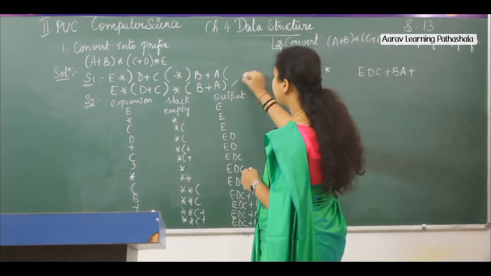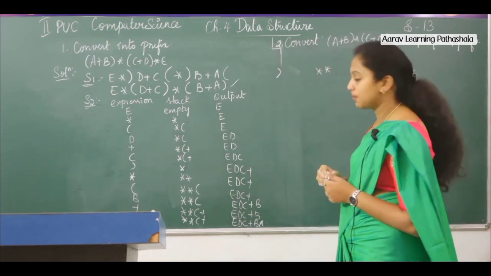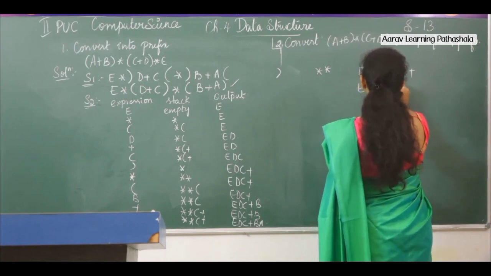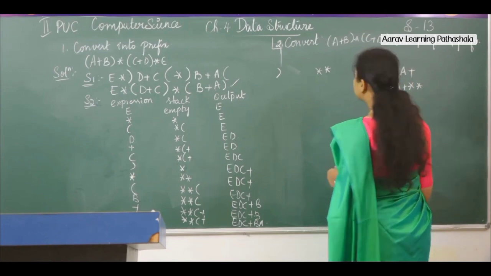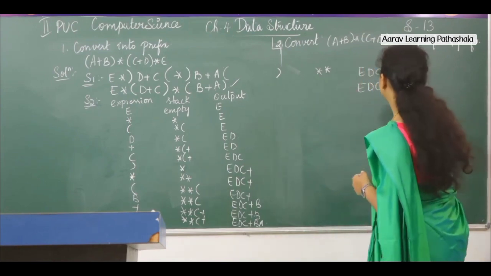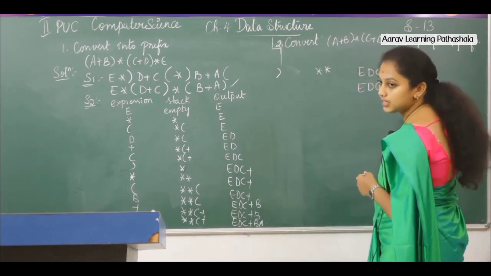So here we don't have any more inputs, so we have to pop out all the operators from the stack. So the output of the postfix expression is EDC plus BA plus star star.